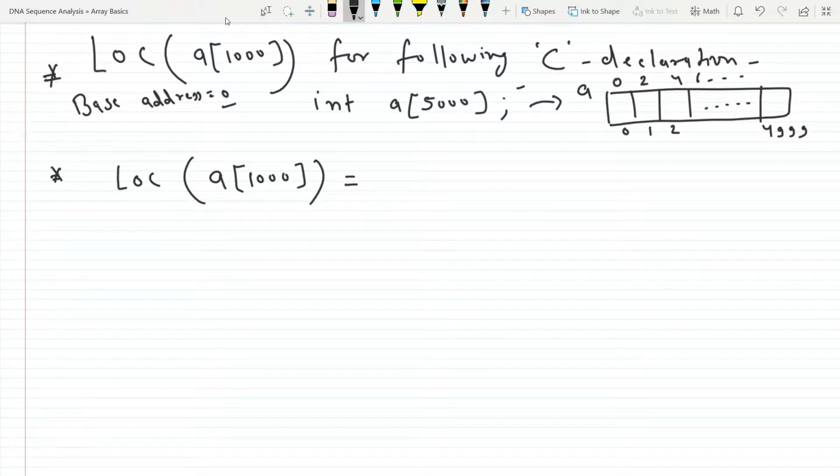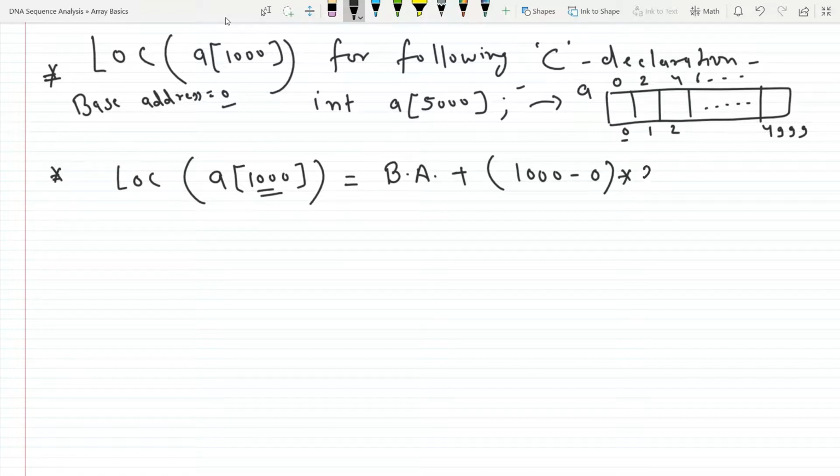Okay, now according to our scene, what is the base address? So base address plus what we are referring? We are referring to 1000. So it is 1000 minus what is the initial index? Initial index is 0, and multiplied by size.